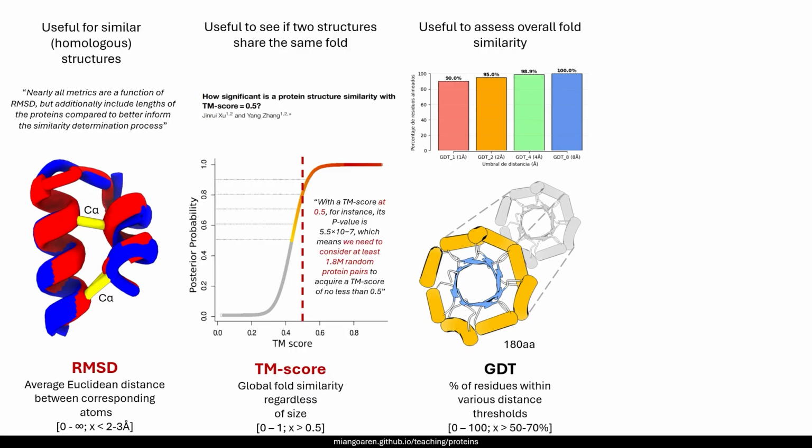As a third metric, one that was even used in the development of the AlphaFold algorithm, is called GDT, which in English is the Global Distance Test.